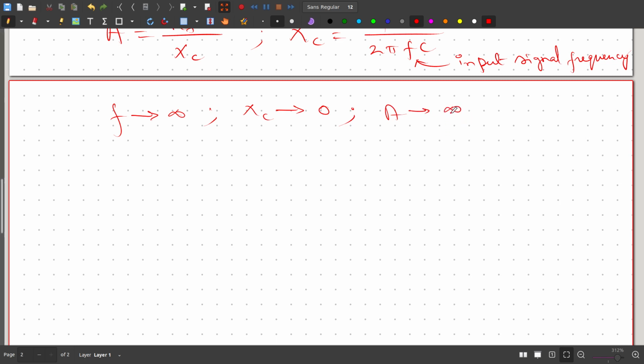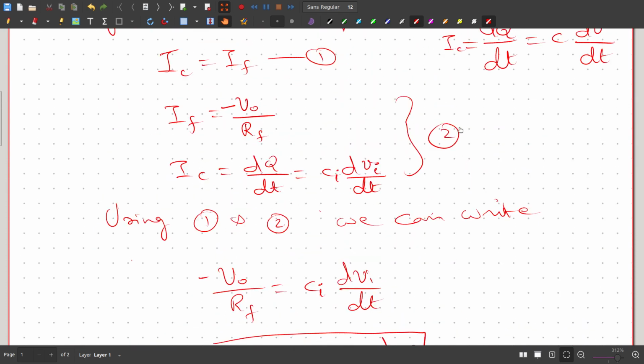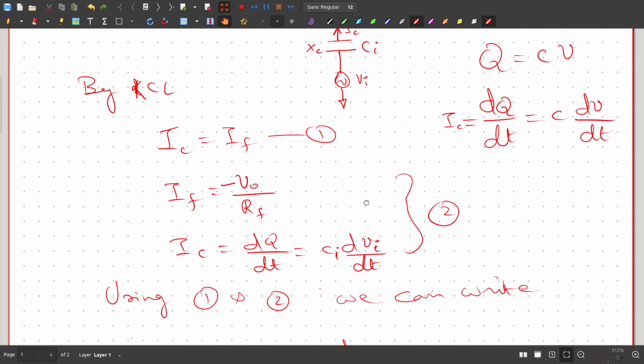Infinity is the open loop gain, and we don't like open loop gain because the circuit becomes saturated. When the gain of this differentiator tends to infinity, the output voltage saturates to either plus VCC or minus VCC without performing the differentiation.